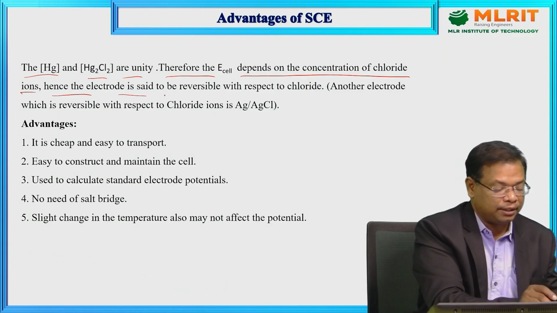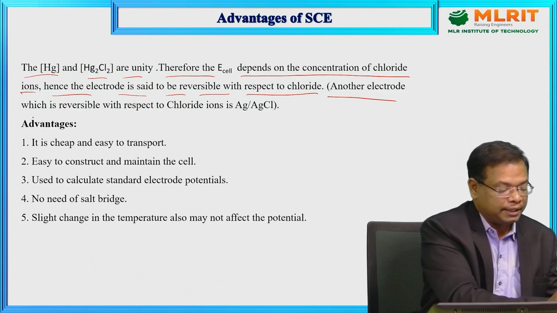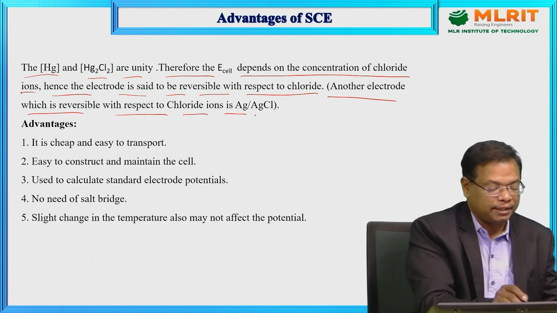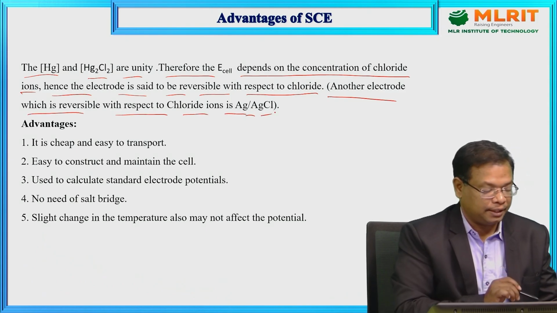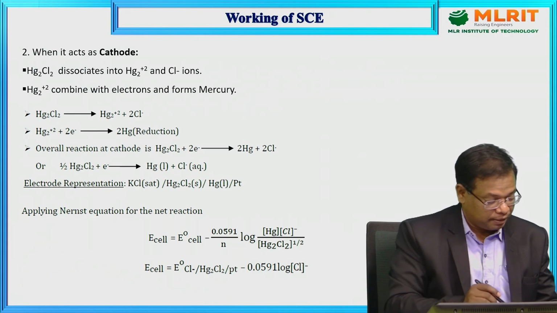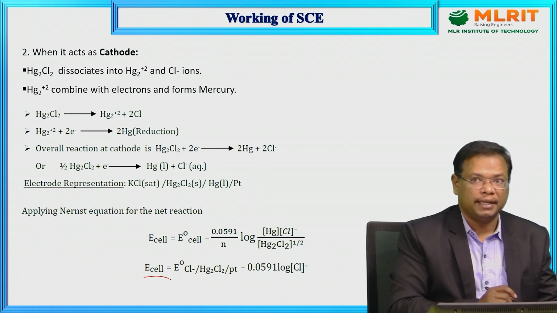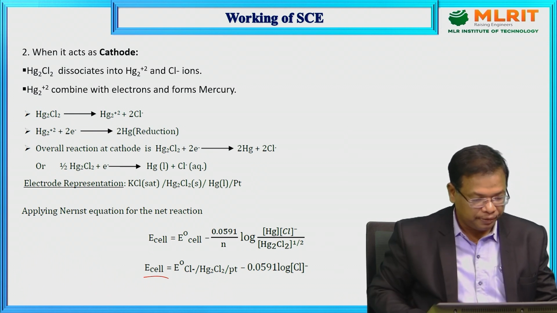Hence the electrode is said to be reversible with respect to chloride. Another electrode reversible with respect to chloride ions is Ag/AgCl. This is how we find the E cell using the Nernst equation. We will discuss the Nernst equation in the next video.